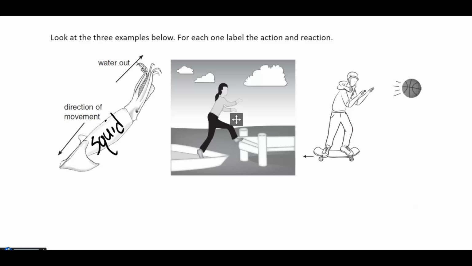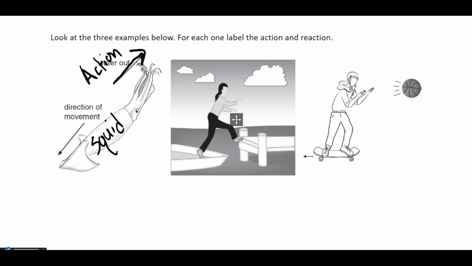All right, now as you can see, the water comes out and it moves in the opposite direction. So which one happens first? Does the squid move first or does the water shoot out first? If you said the water comes out first, you are absolutely right. So the first thing that happens is the action. All right, the first force.